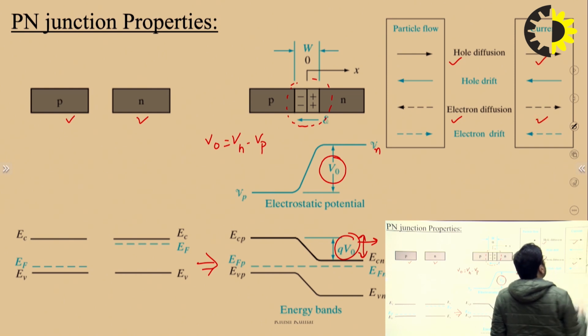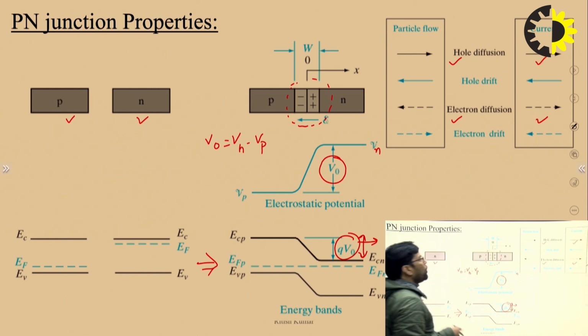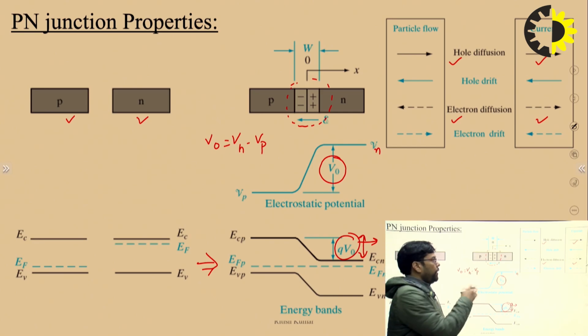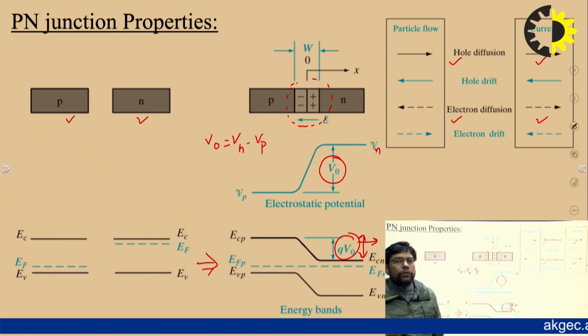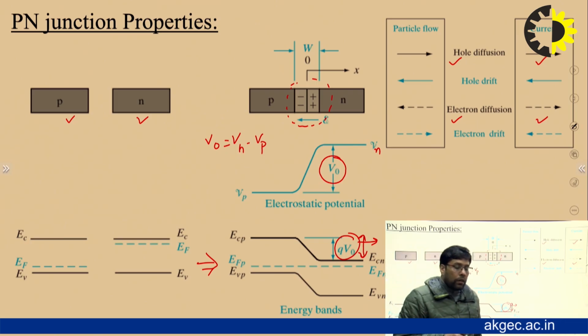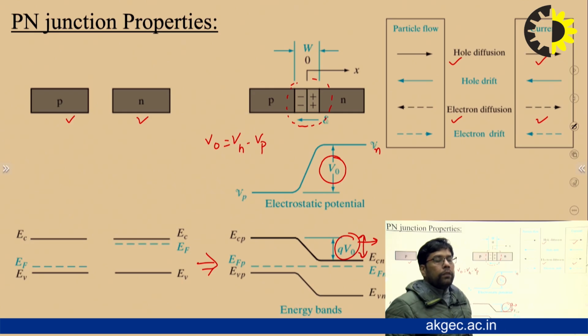What is drift? Drift is the phenomenon of the movement of carriers under the influence of an electric field.